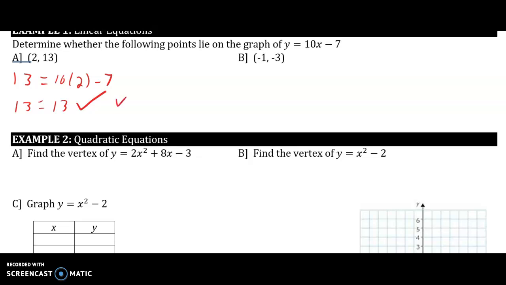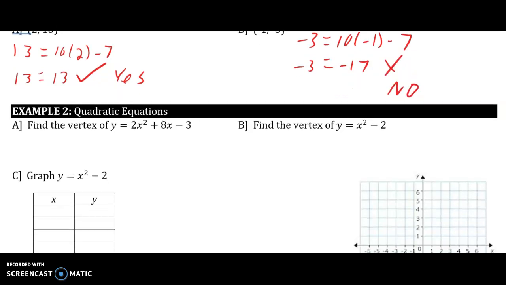So it's a yes. Over here, does negative 3 equal 10 times negative 1 minus 7? And I don't think it does. So that's a no. That is a big no.